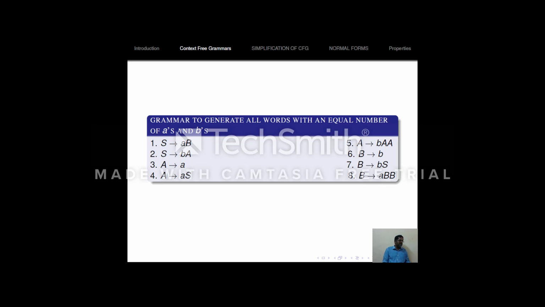When one A is generated on the left hand side, we will have capital B. And finally, see the rule number 6, B goes to small b. So rule number 1 and rule number 6 tell you very clearly that the number of A's and B's are kept the same by the repeated application of rule number 1 and 6.